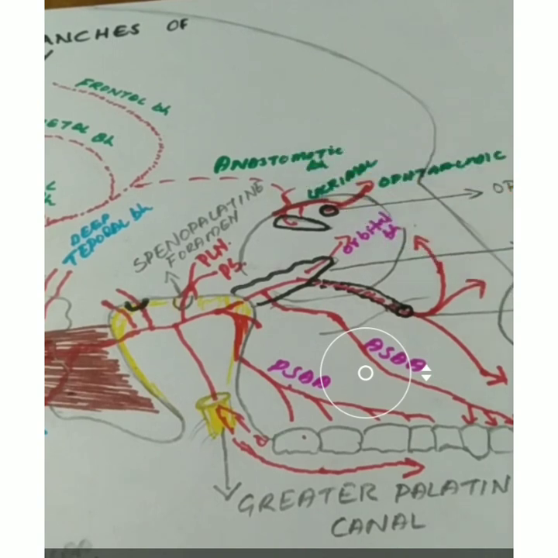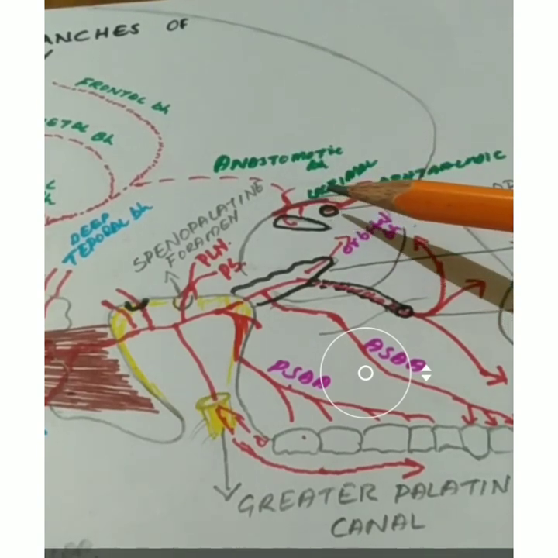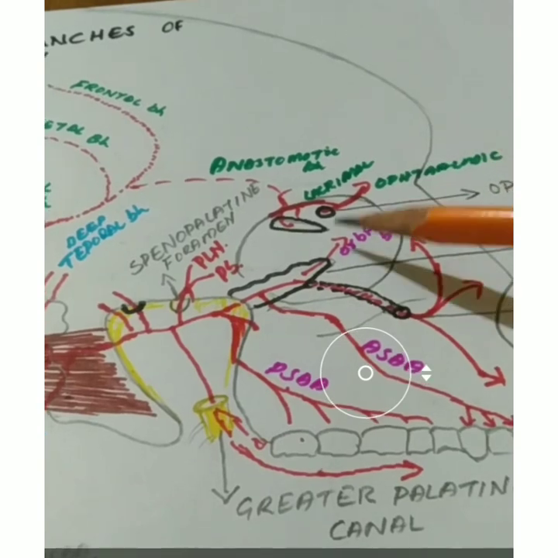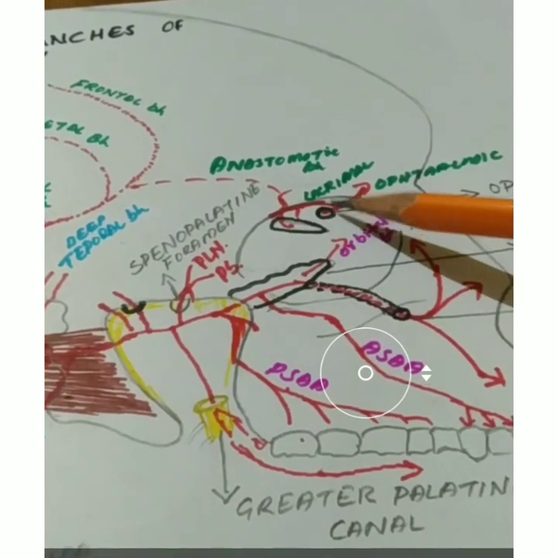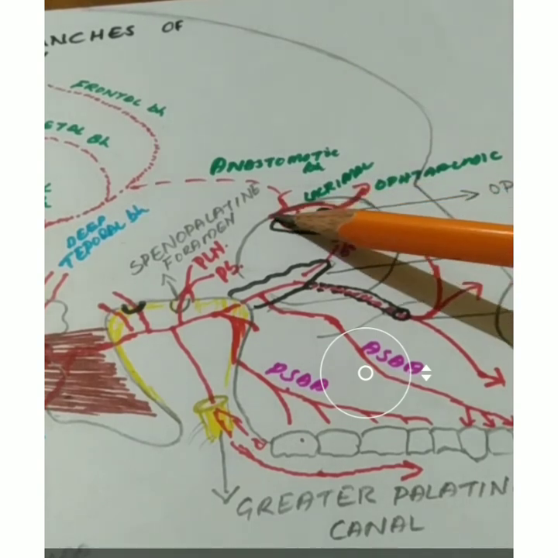Here we have another artery, which is called the lacrimal artery. It is a branch of the ophthalmic artery, and the ophthalmic artery enters the orbit through the optic canal. It gives off a branch which is called the lacrimal branch.